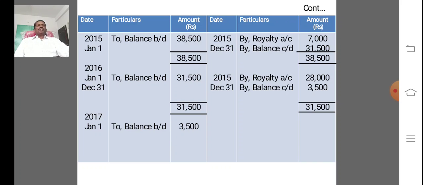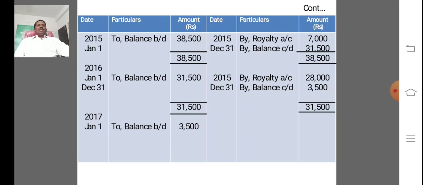In this year no short workings. Out of 38,500 we only recover 7,000 and remaining balance of short workings, 31,500, is brought down to next year, 2016 January 1st, balance brought down 31,500.